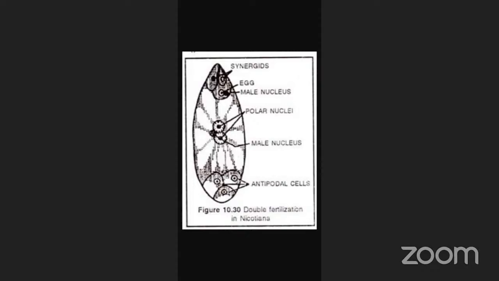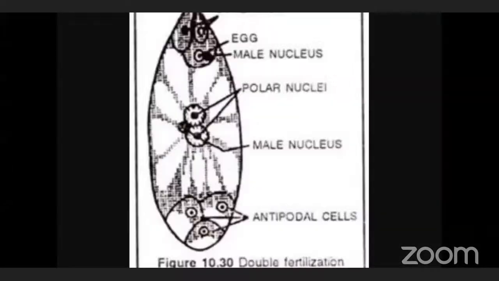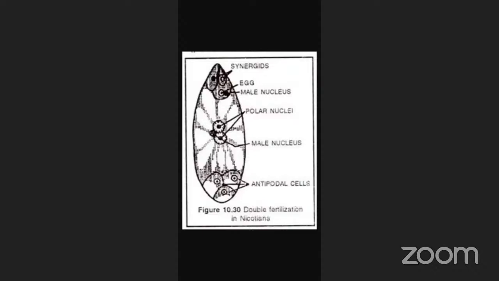The functional megaspore, after some time, divides mitotically to give rise to a small sac-like coenocytic structure, which later organizes into the female gametophyte.